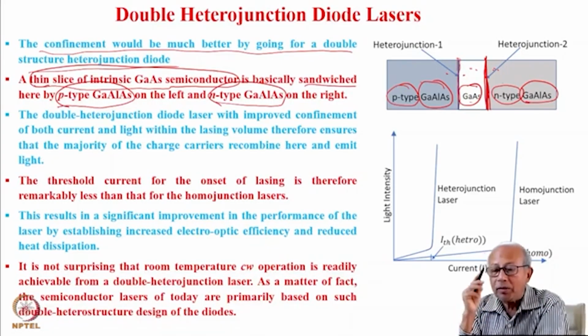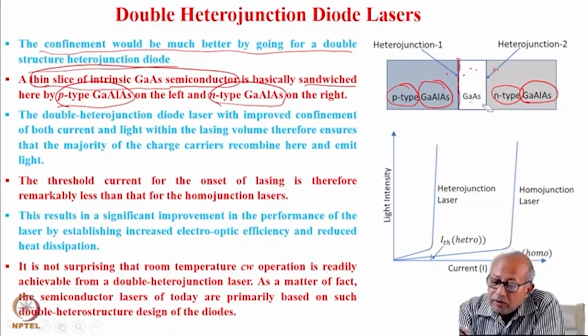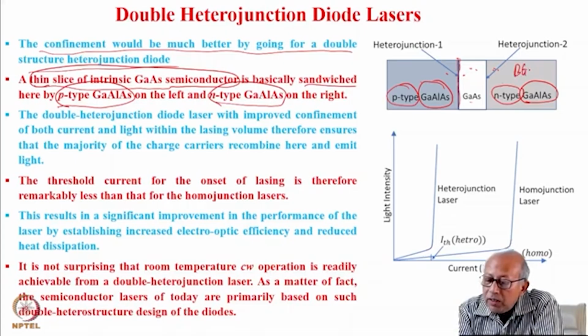So see now what happens. The light that will be created in this side, because this has higher band gap. So the band gap of this gallium aluminum arsenide is more than the band gap of gallium arsenide.